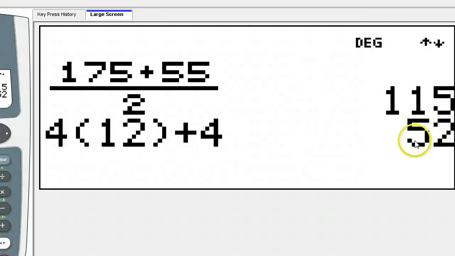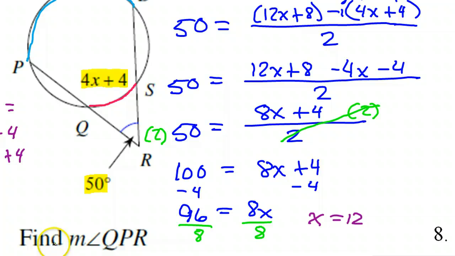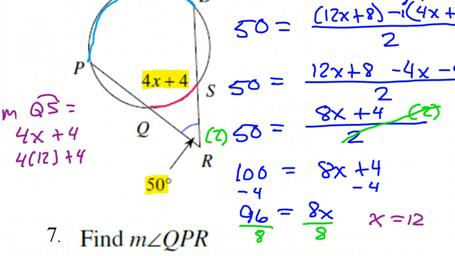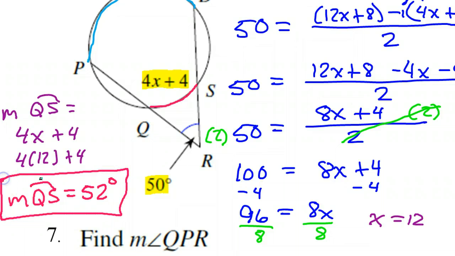That's 52. So the measure of arc QS is actually 52 degrees. And that is the answer to the question.